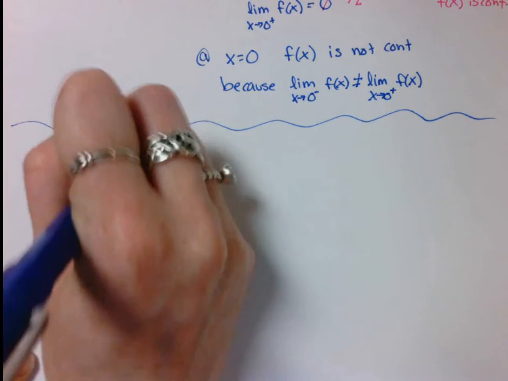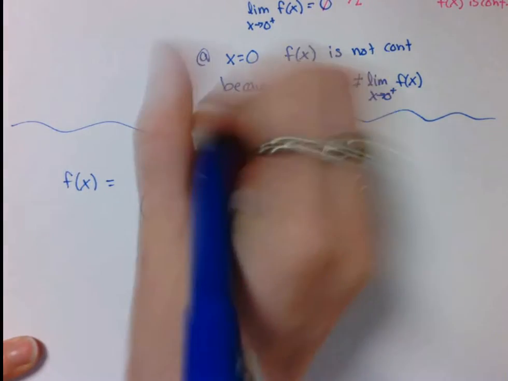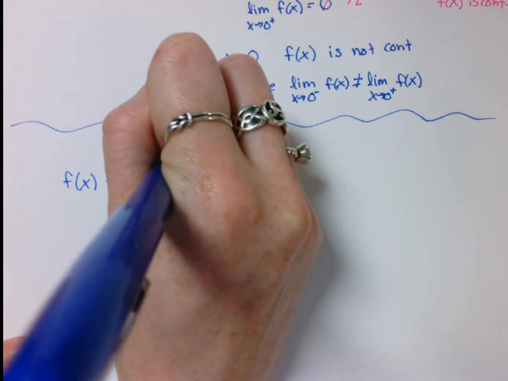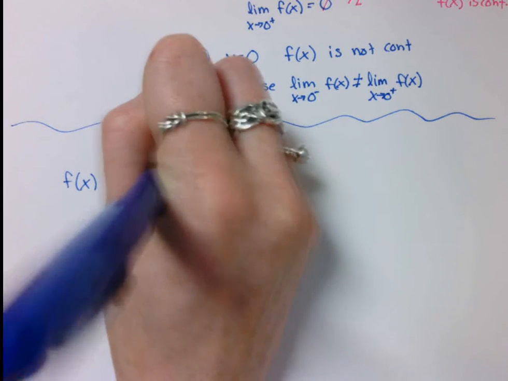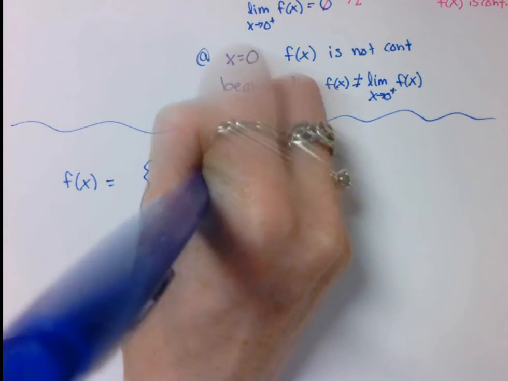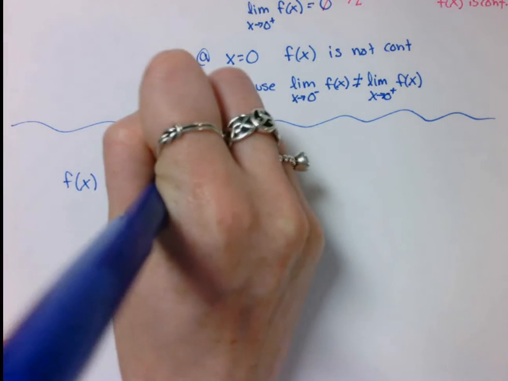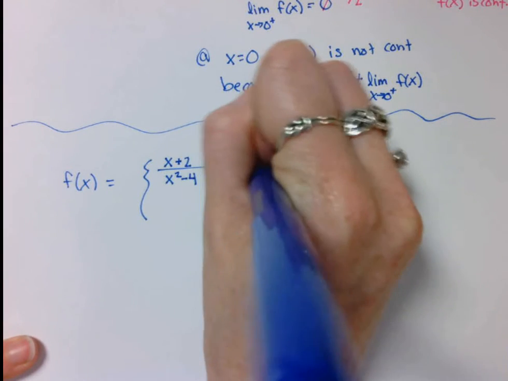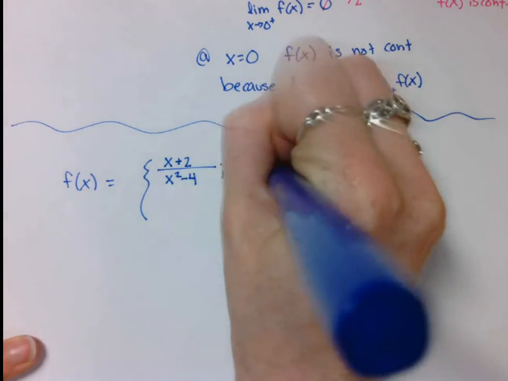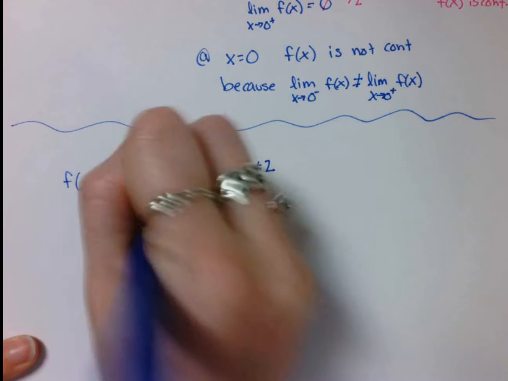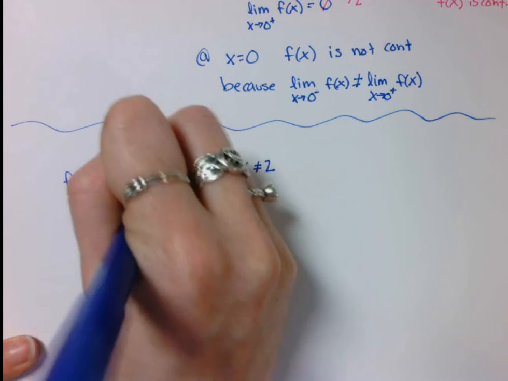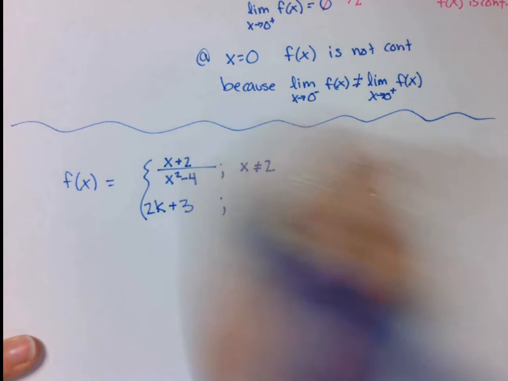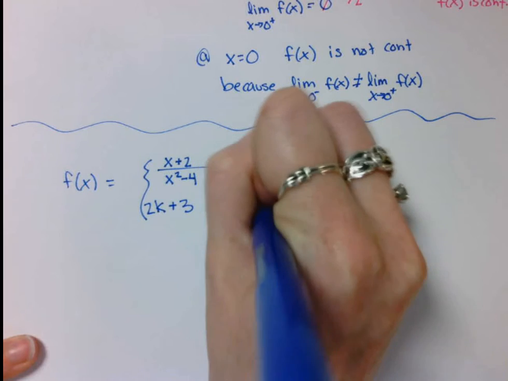It says f of x is equal to the set of equations where we have x plus 2 divided by x squared minus 4, for when x does not equal 2. And then 2k plus 3 is our equation for when x equals 2.